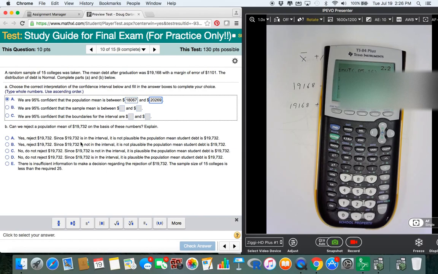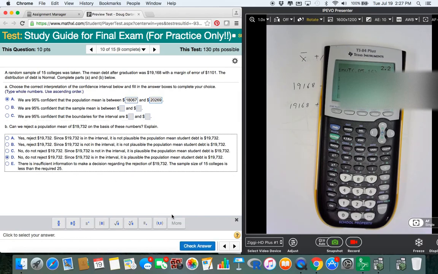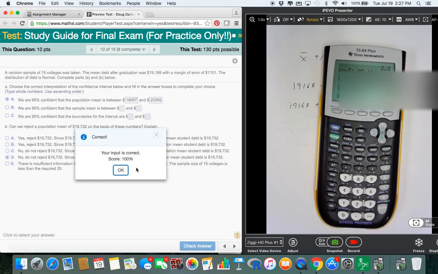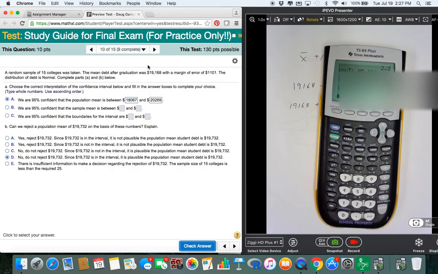B, can we reject a population mean of 19,732? Is 19,732 between the two bounds? It is. So no, we're not going to reject it. So I need to choose C or D based on the interpretation. 19,732 is in the interval. So guys, I'm comfortable with D. Check the answer. It's going to be right.